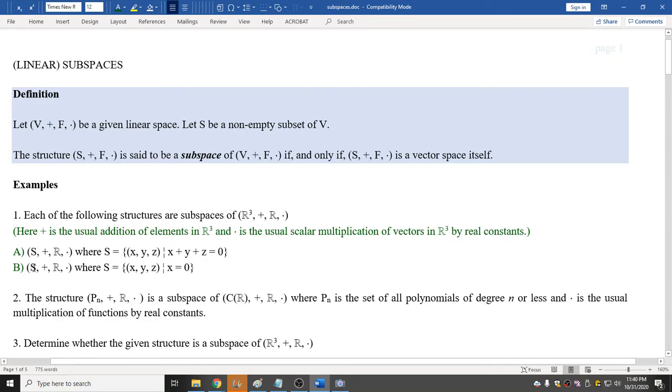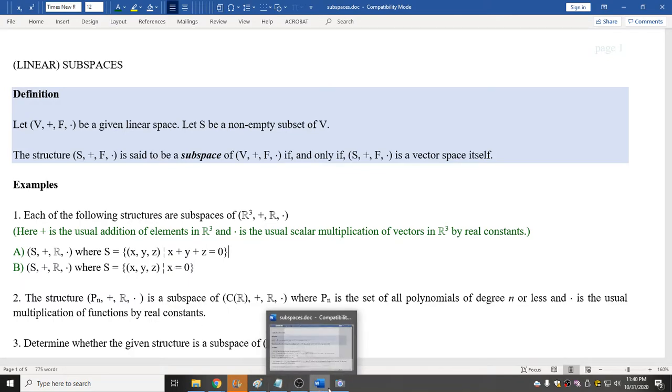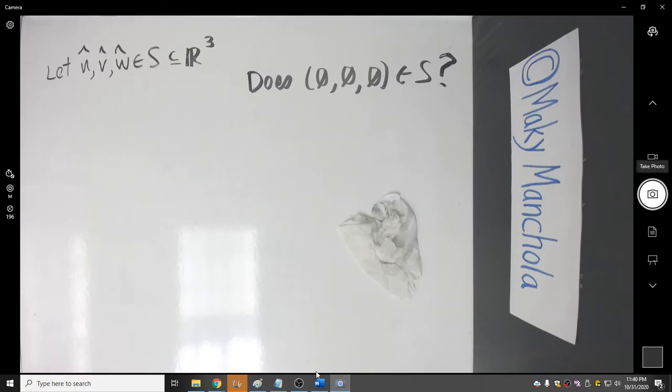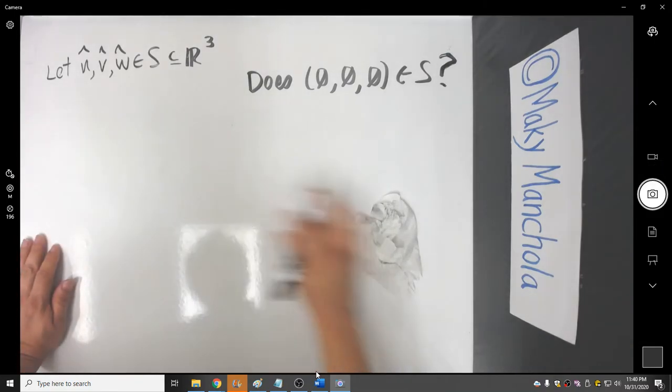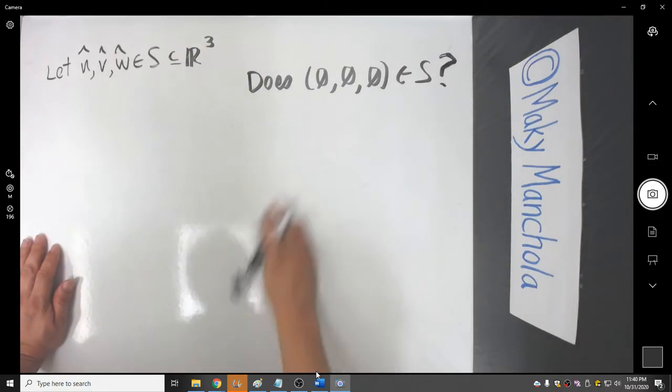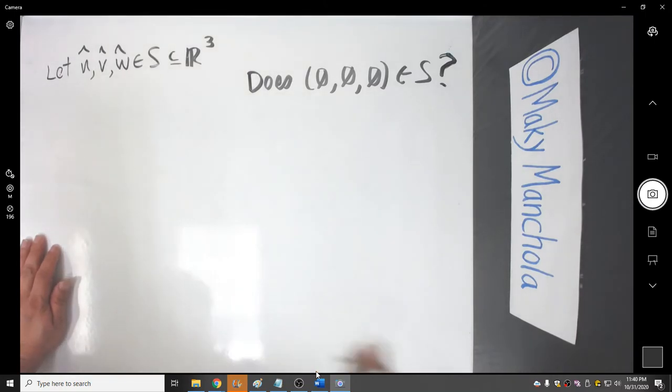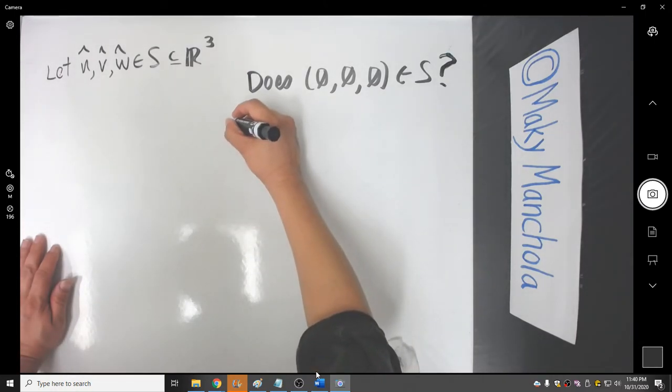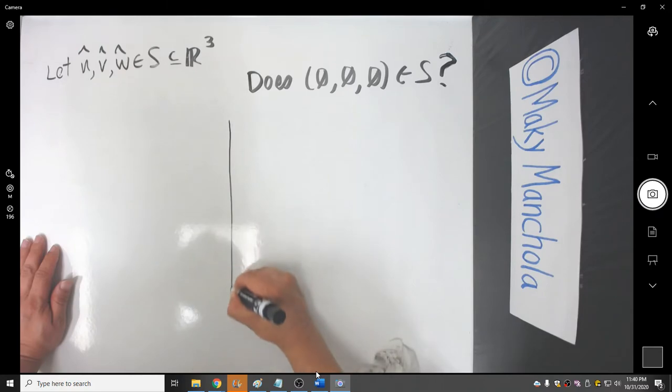Now here in B, S is the set consisting of all x, y, z such that x equals 0. Now let's draw a picture of this and then realize that that's just similar to an example we previously considered.